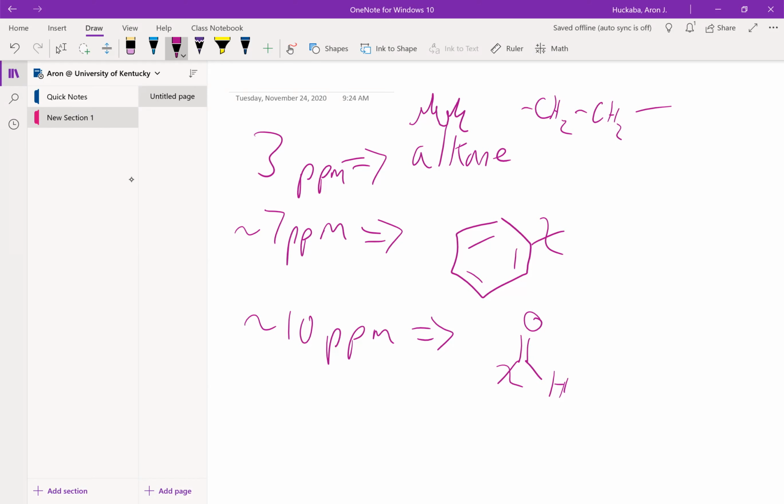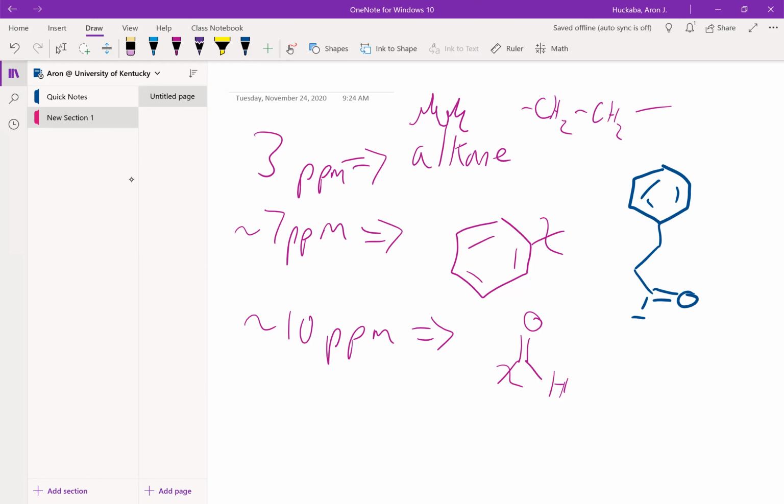So all that's left to do is to try to connect these in some way. And luckily, it seems like there's only really one way to draw these that would connect these two pieces. Here's our benzene ring, and we'll connect that to our two alkane functional groups there. And then last, we just need our aldehyde.